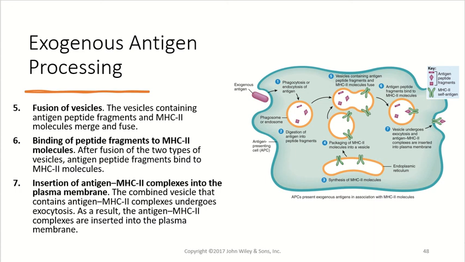Our last step is the insertion of antigen MHC2 complexes into the plasma membrane. The combined vesicle that contains the antigen MHC complexes undergoes exocytosis, and as a result, the antigen MHC complexes are inserted into the plasma membrane of the cell. So that's how we do our exogenous antigen processing.